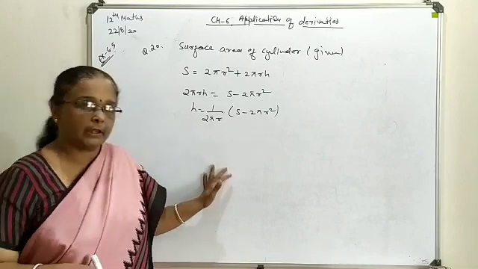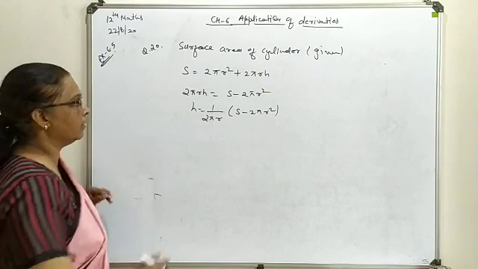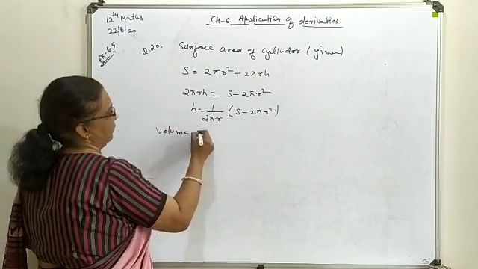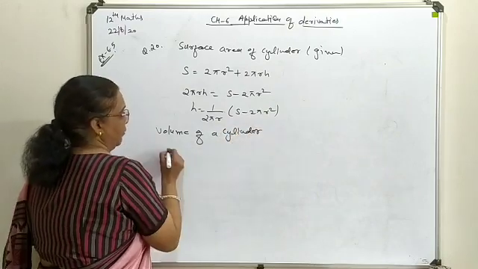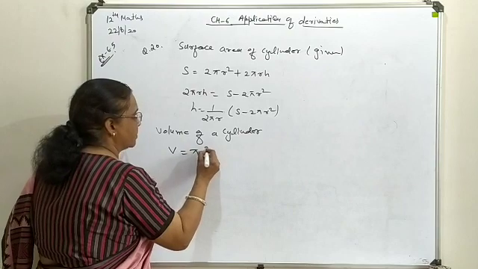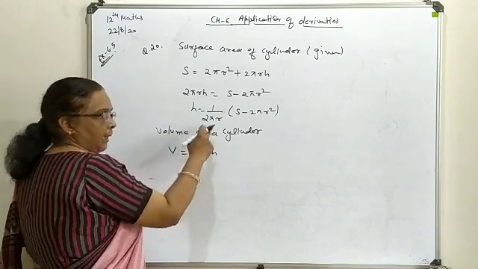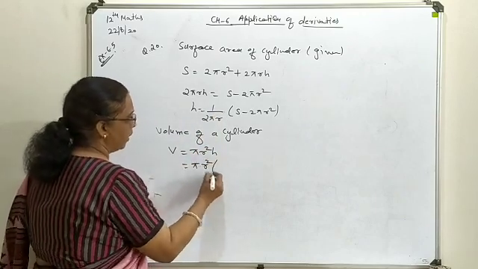So I am writing a hint for you, try to find out, otherwise in the next class I will continue. Now here volume of a cylinder V is pi r square h. Now h we have written in terms of s and r, so substitute.